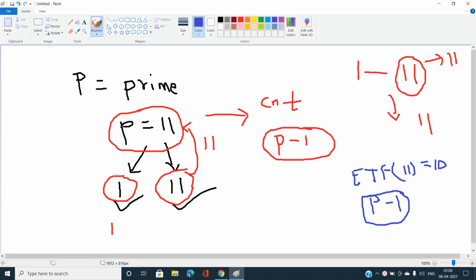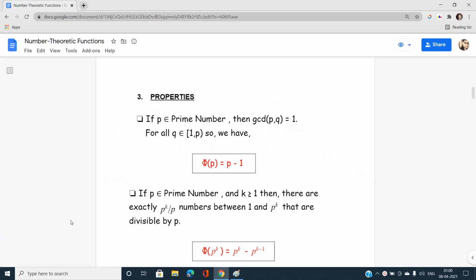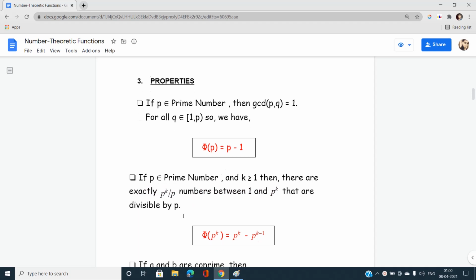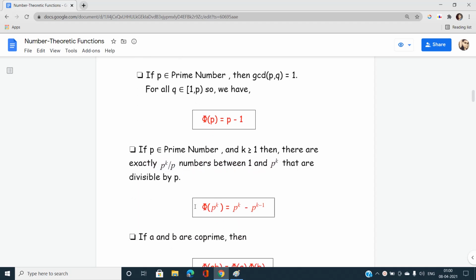Okay, so now let's move on to the next property. My next property says: if P is a prime number and K is greater than or equal to 1, then there are exactly P raised to the power K divided by P numbers between 1 and P power K that are divisible by P. So we can easily write the number of integers in the range 1 to P power K that are co-prime with P power K, that is, GCD of this number I and P power K should come out to be 1.